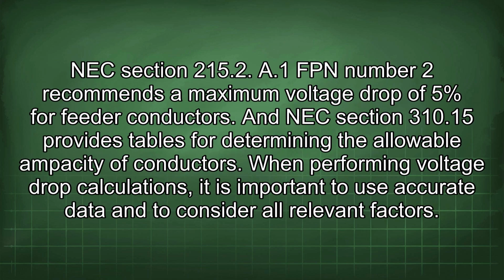NEC Section 215.2(A)(1), FPN No. 2 recommends a maximum voltage drop of 5% for feeder conductors. And NEC Section 310.15 provides tables for determining the allowable ampacity of conductors.